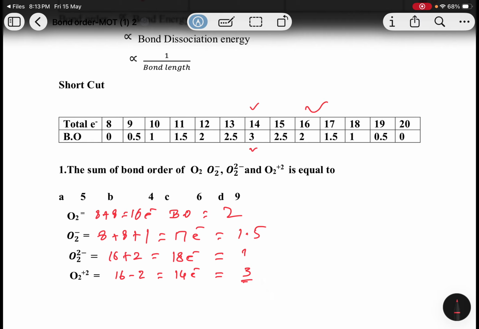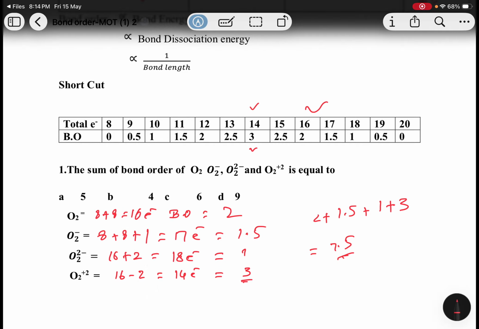The sum of the bond order of O2, so 2 plus 1.5 plus 1 plus 3, this is equal to 7.5. Checking again: O2, 16 electrons, bond order equal to 2.